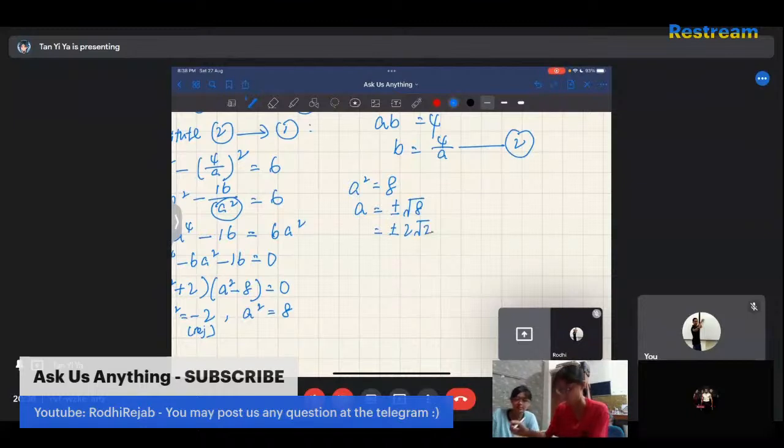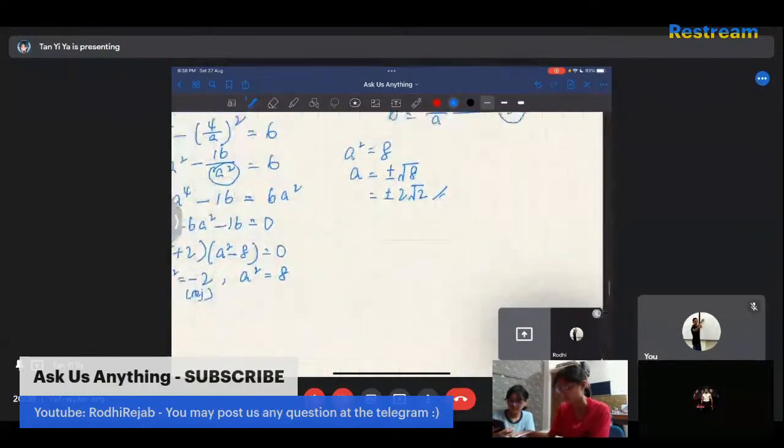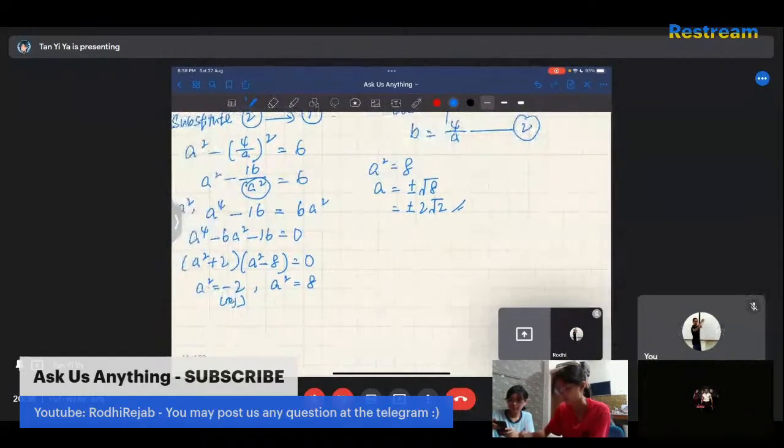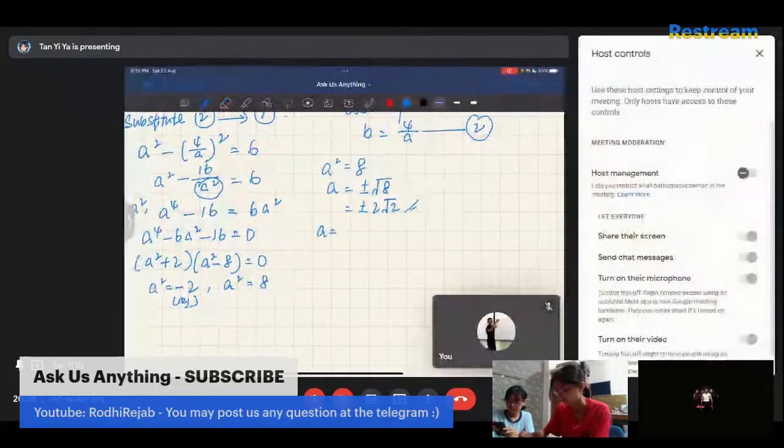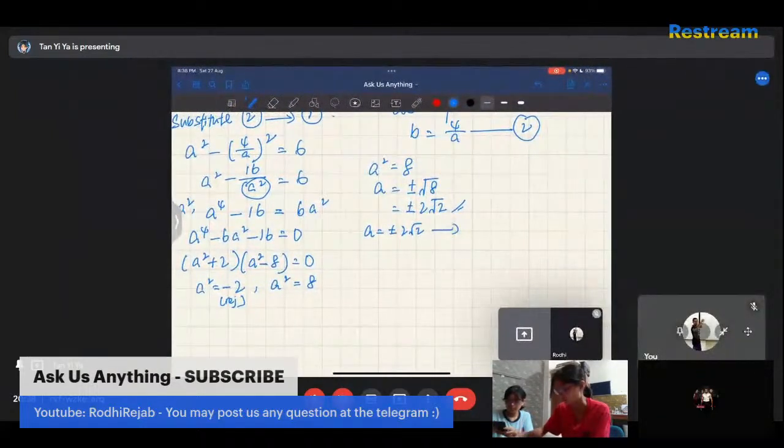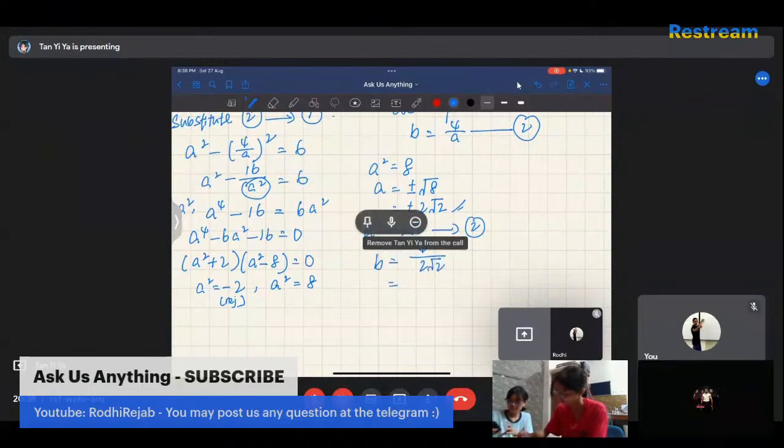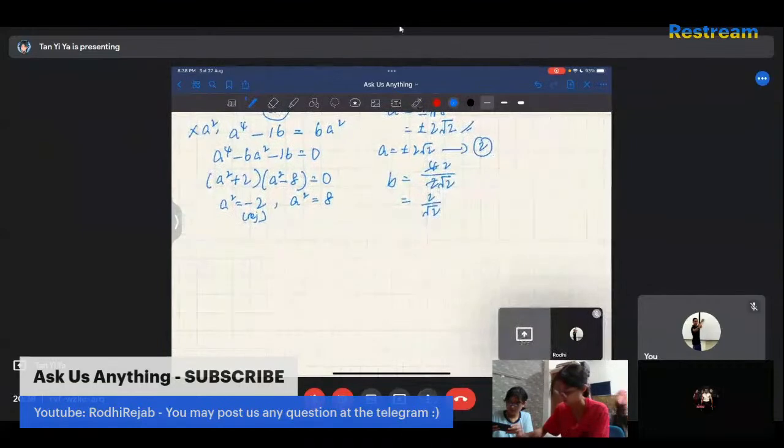times square root 2. So when we have found the value of a, we can find the value of b also. So we can substitute this into equation 2. So b is equals to 4 over 2 square root 2.